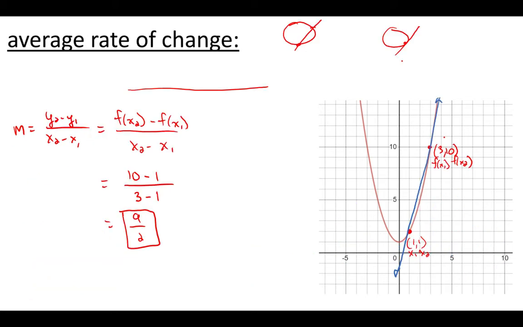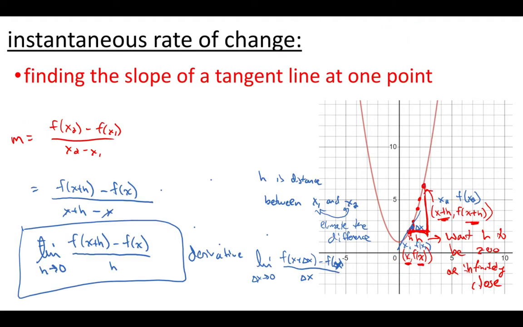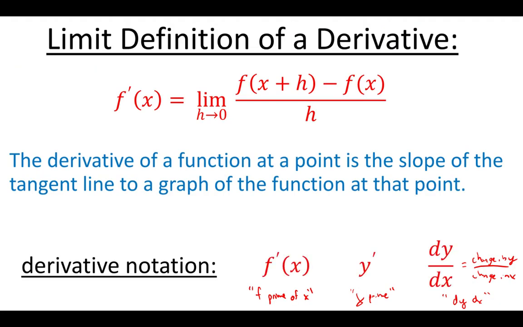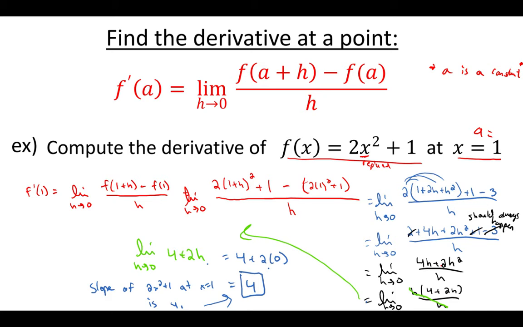So that slope is 4, which should make sense because this one was 4.5, right, when we had the 2 points. And if we were to just consider the tangent line here, that's actually 4, so it's a little less steep. So that's what we've calculated. We've said if you were to graph that function and calculate the slope of the tangent line at that one specific point, in other words, the instantaneous rate of change at that point, x equals 1, is 4. So that is our derivative. That's your first derivative.